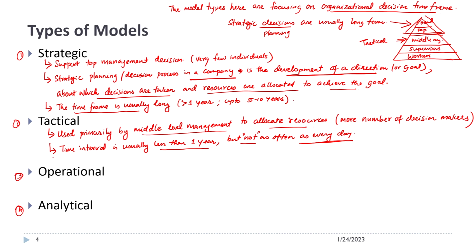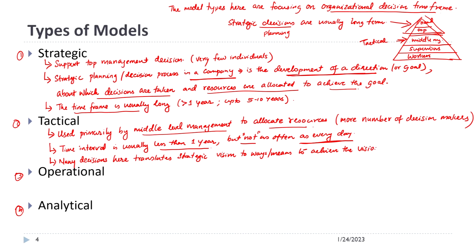Okay. Also, many decisions here translate strategic vision to ways and means to achieve the vision.